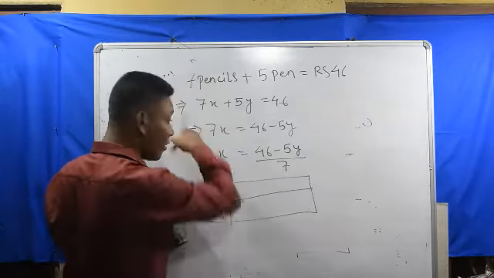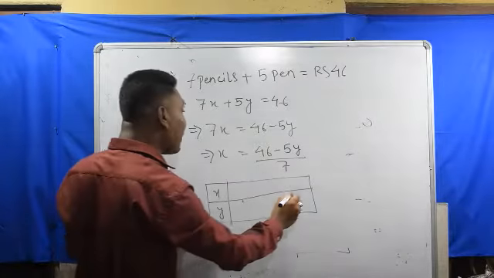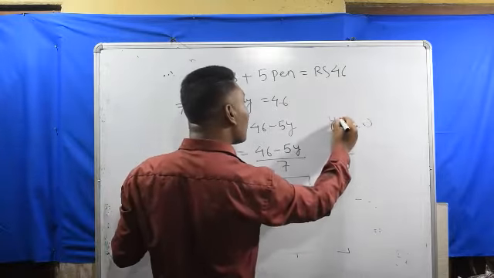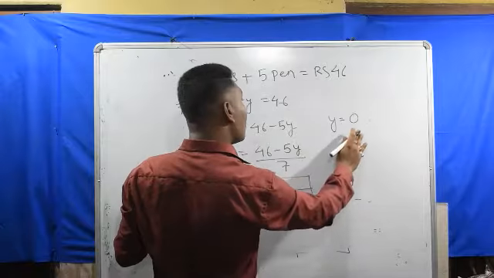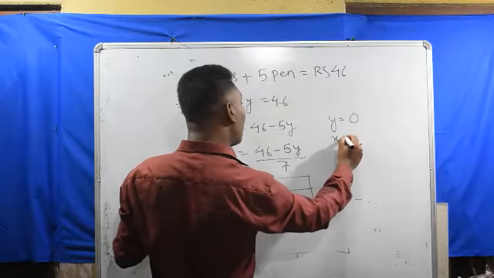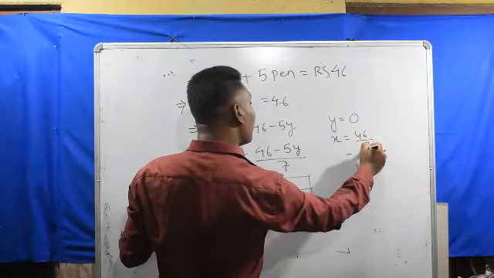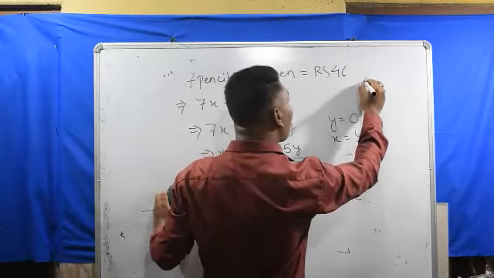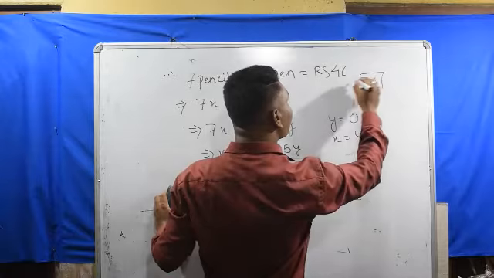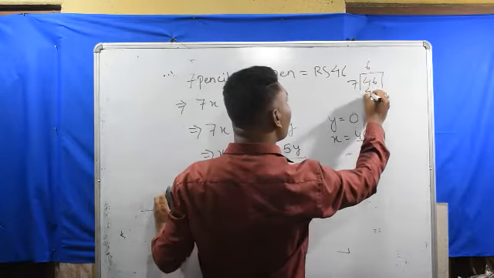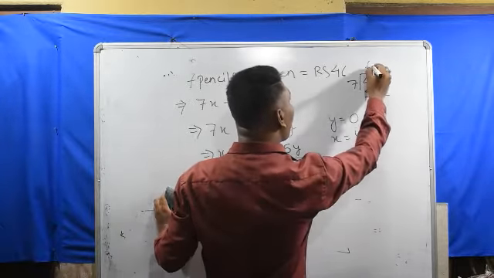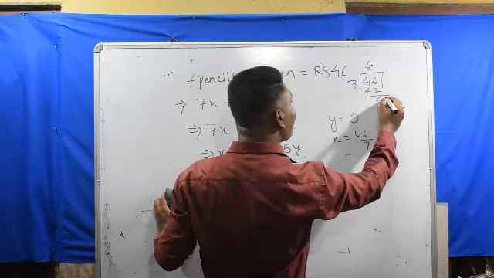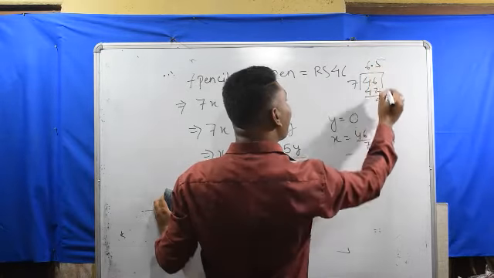If I take y as 0, then x will become 46 by 7, which is approximately around, 7 sixes are 42, 4 is the remainder, 0, 7 fives are 35.